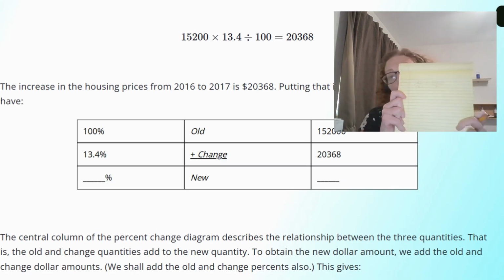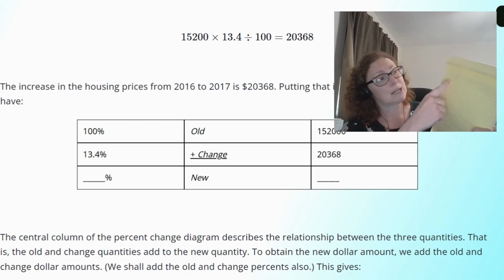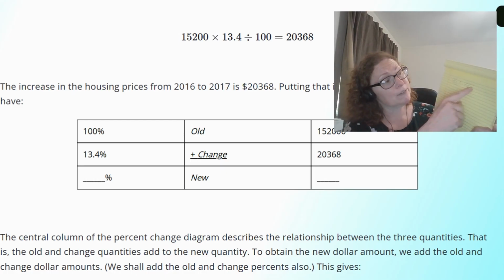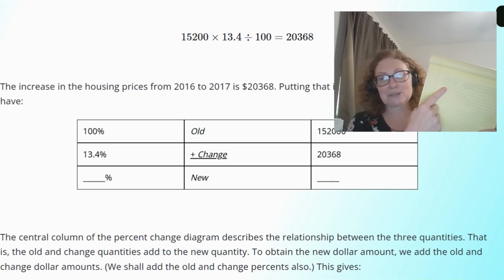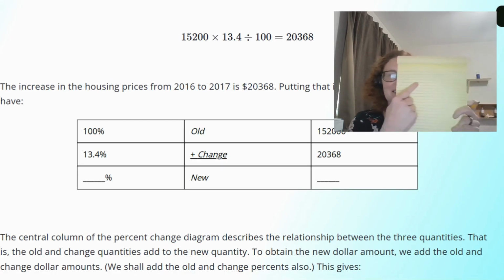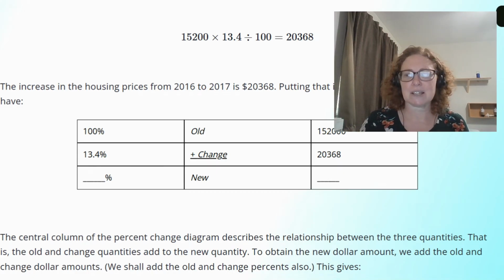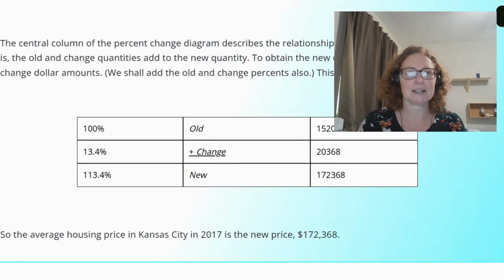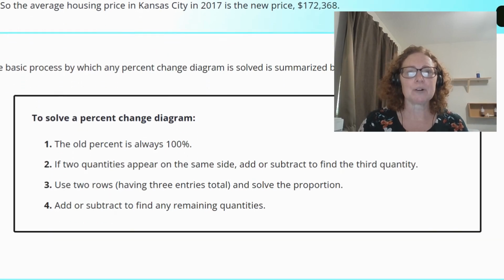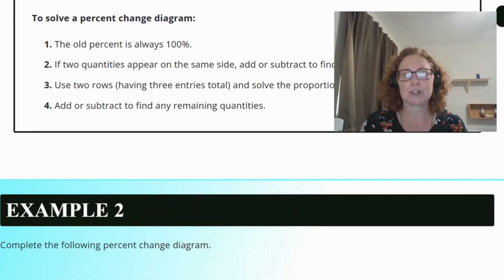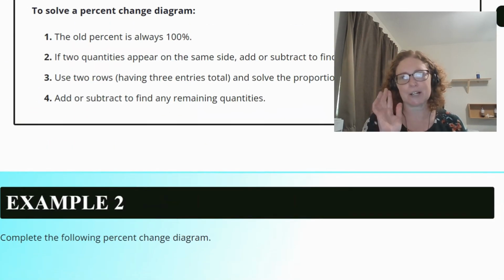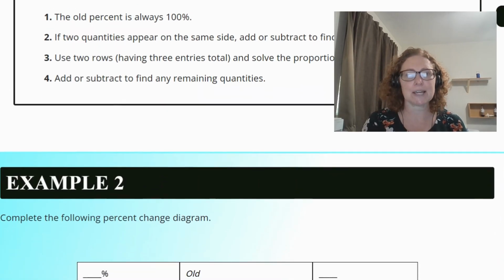Okay, that's my proportions, and I want my proportions to be equal. So then I would say 100x is equal to 152,000 times 13.4, right? And then I get the 2368 on that one. Okay. So, yeah, make sure you have that to solve a percent change diagram. Those are the steps you need to take.